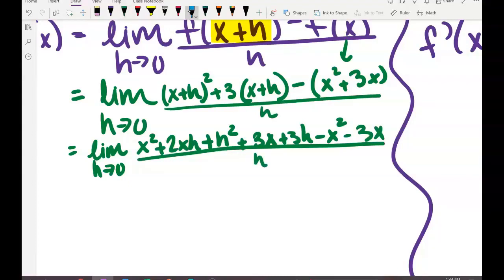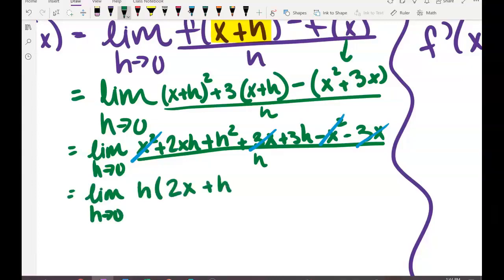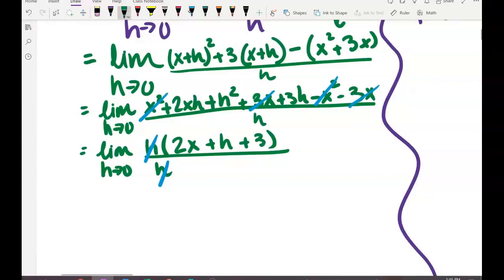We can cancel those, and now we will factor out the h from the numerator. So we are going to end up with 2x plus h here, then just plus a 3 all over h. Those two h's will cancel. Remember, h is approaching 0.